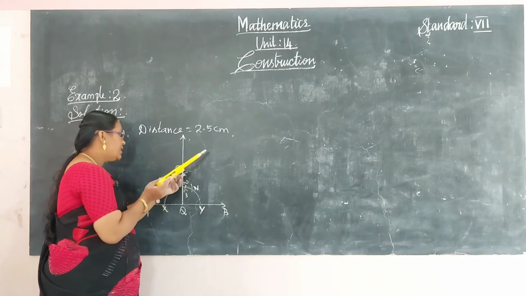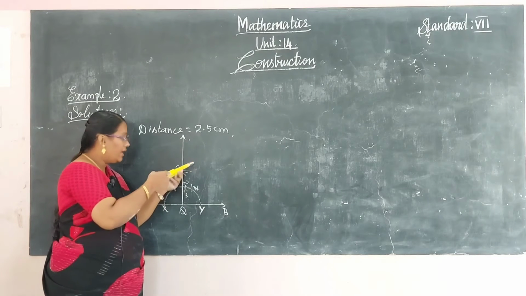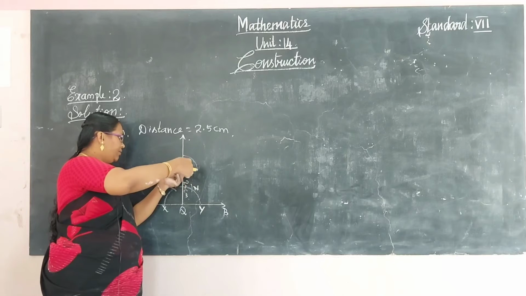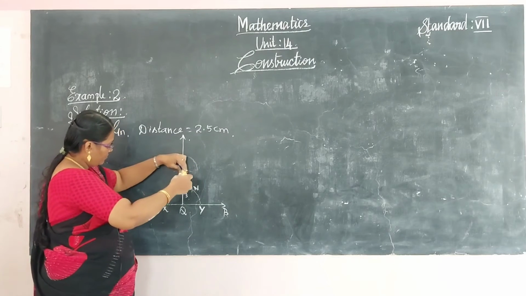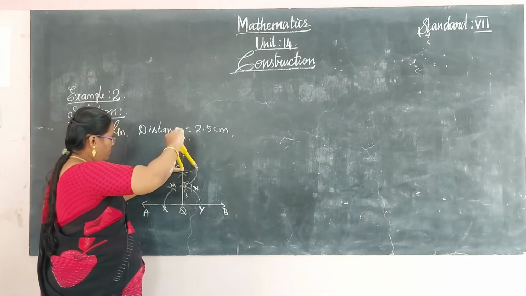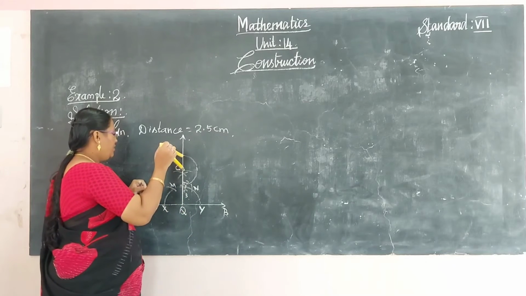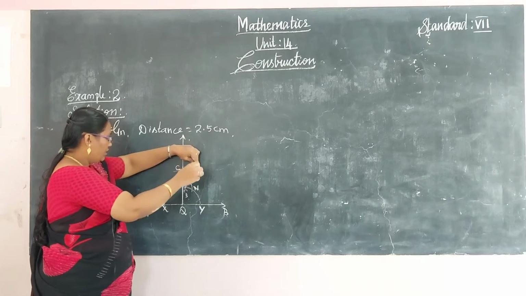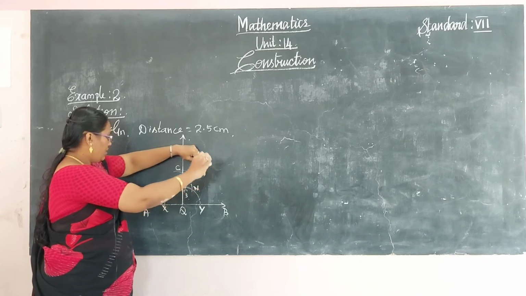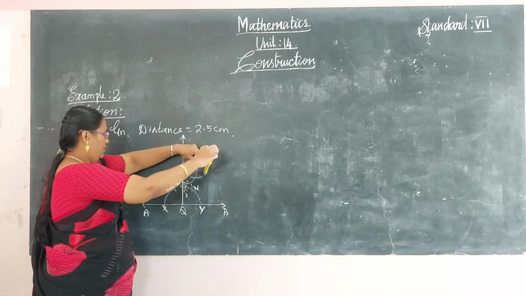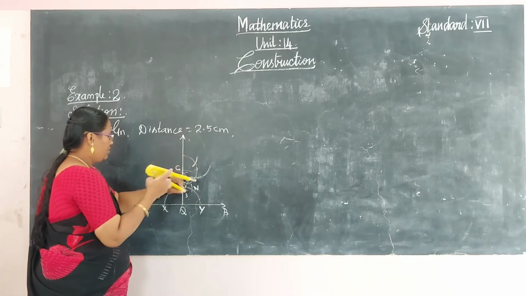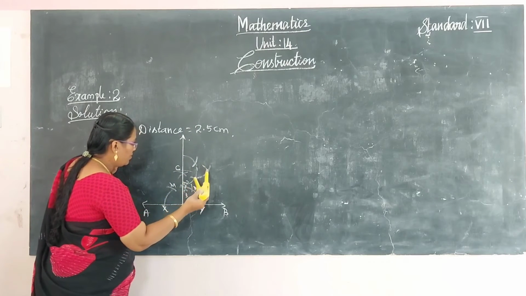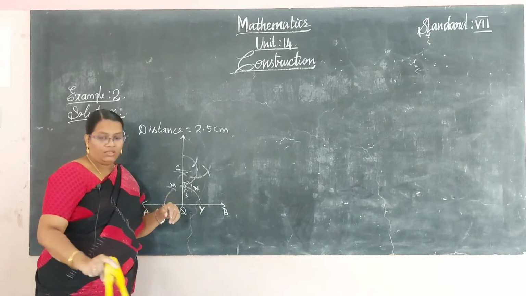Okay, so with center C, take any radius, the same procedure. Draw the arc. After intersecting the arc from another arc, here also draw another arc.